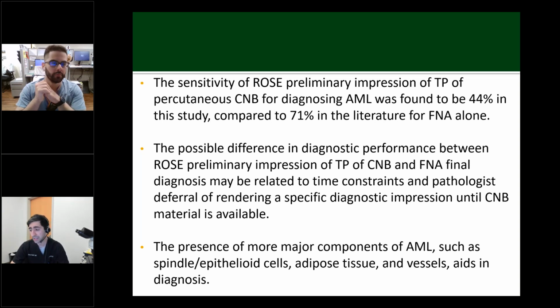Notably, some cases favoring angiomyolipoma during rapid on-site evaluation consistently exhibited at least 2 of the 3 major neoplastic components of angiomyolipoma, including spindle cells, adipose tissue, and vessels. These observations support the idea that the presence of multiple major components aids in the diagnosis of this entity.